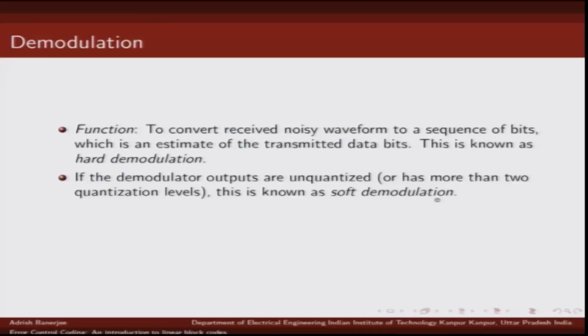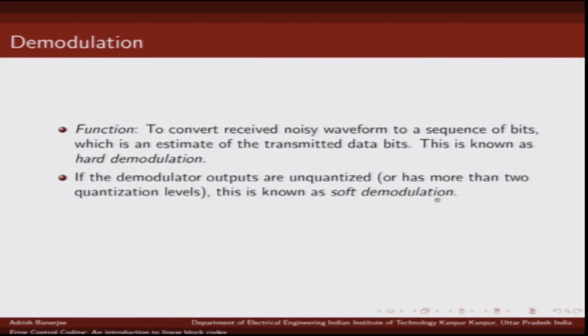So, instead of just directly mapping the received value 0.01 to 0, if we also kept some idea about how sure we are, or how close we think it is to 0 or 1, then that information is useful, and that is captured in soft demodulation.